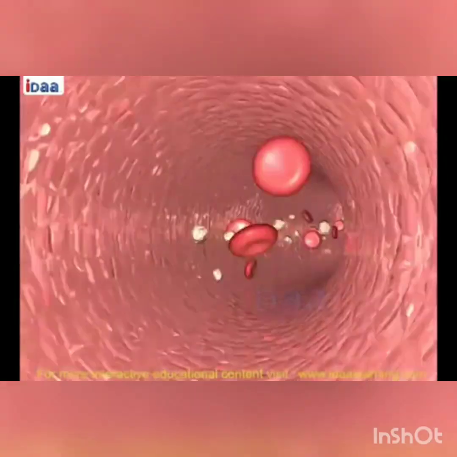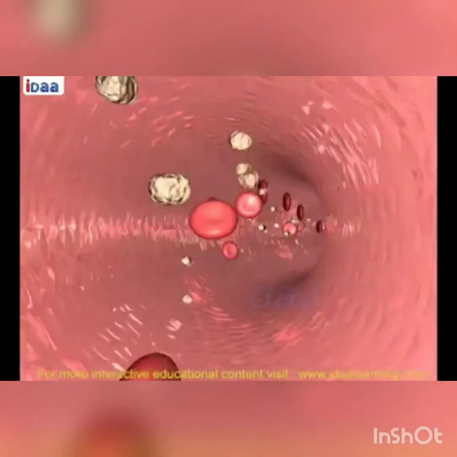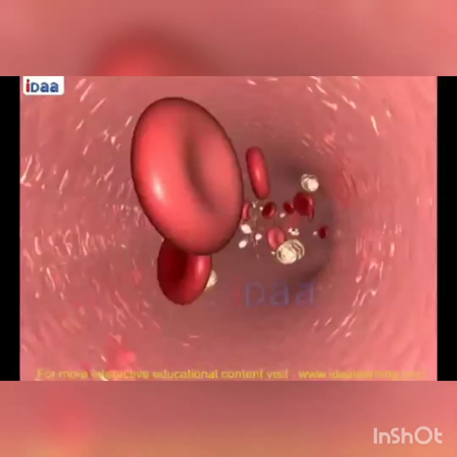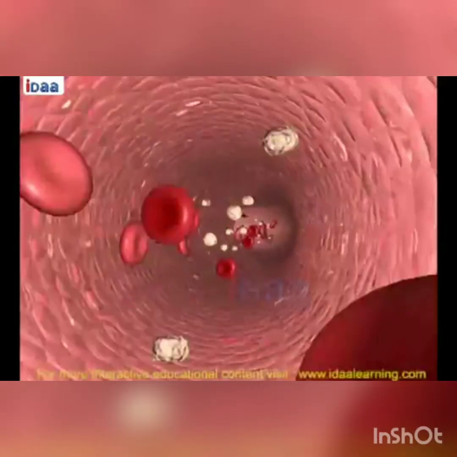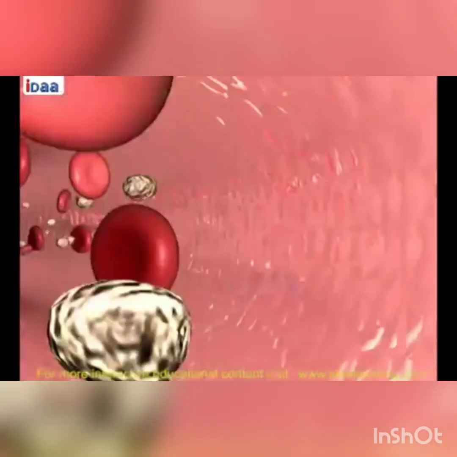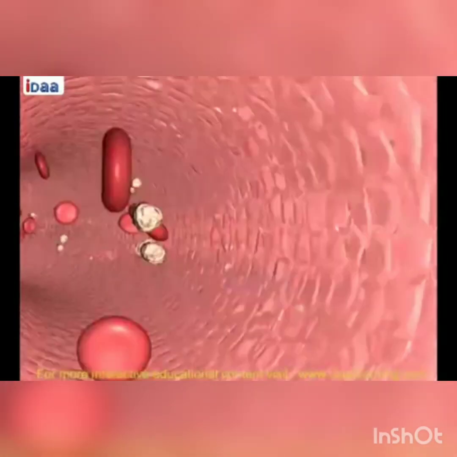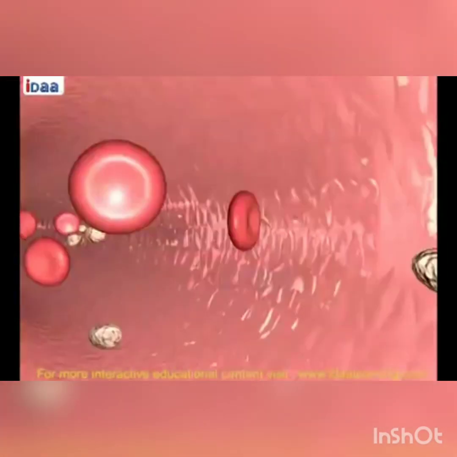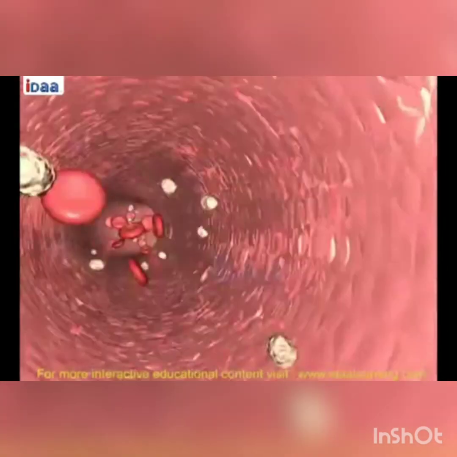The substances thus absorbed are transported through the bloodstream to different organs or cells of the body where it is used for obtaining energy. This process is called assimilation.